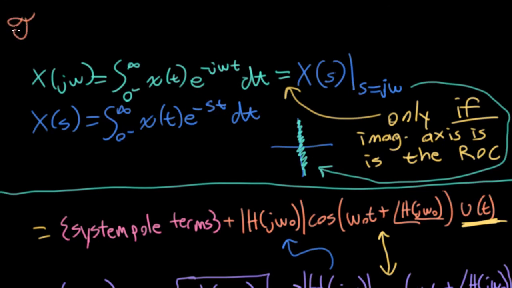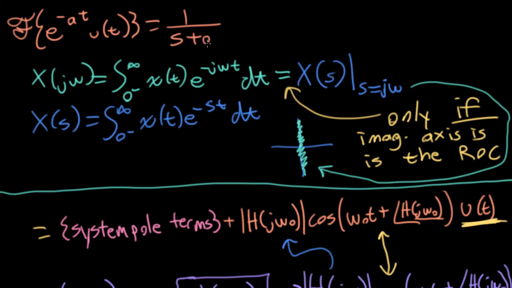So for instance, if you wanted to find the Fourier transform of e to the minus at ut, you could take the Laplace transform, which would be 1 over s plus a, and you could plug in j omega for s and come up with 1 over j omega plus a. But this only works for a bigger than 0.